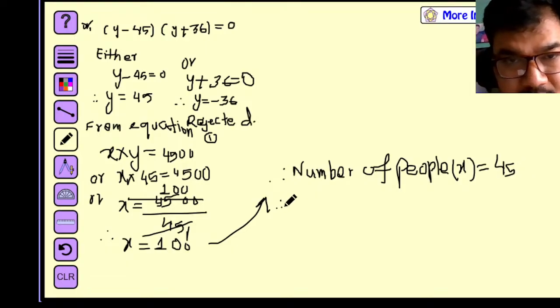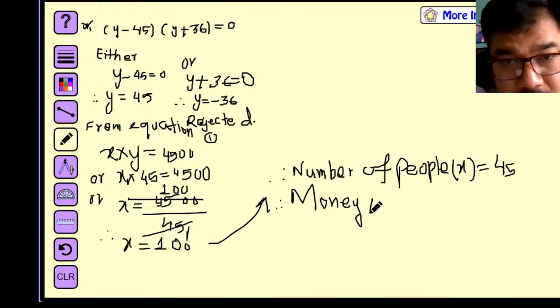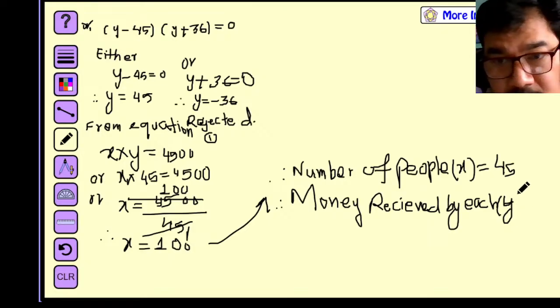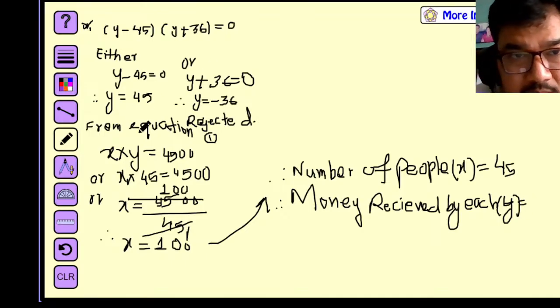And money received by each, equals y, that we had supposed.